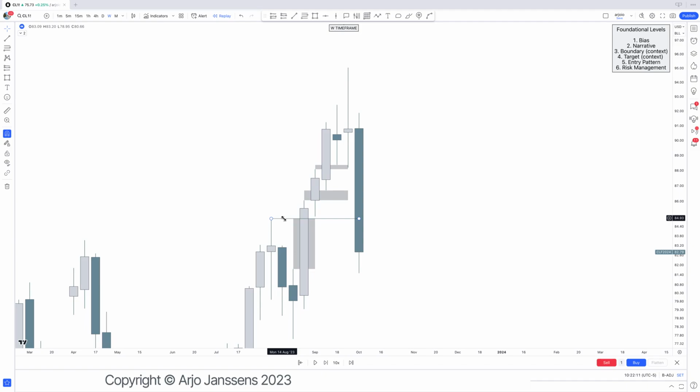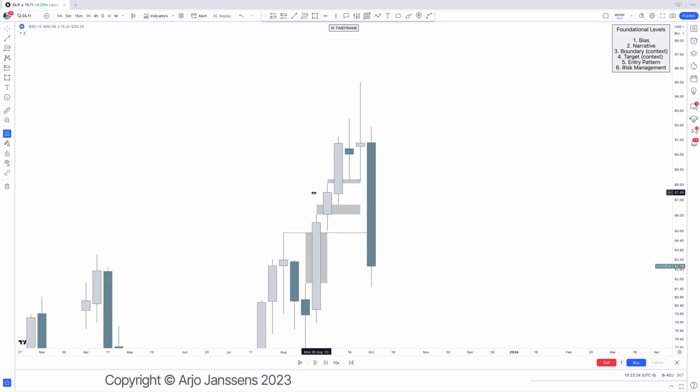So if price does not want to continue higher off of the first discount array right there, then it won't continue higher off of this fair value gap. Why not? Because it's the same. It's both one. So if price is not willing to move off of one discount array, it will seek the overlapping part. It will seek the overlapping discount arrays to potentially continue higher off of that.